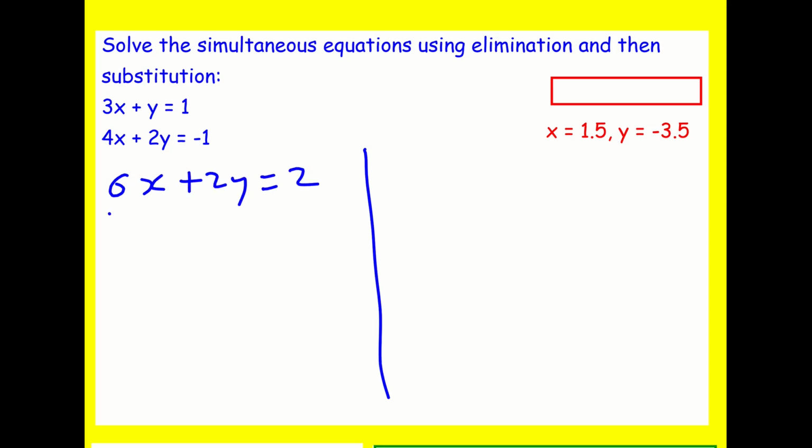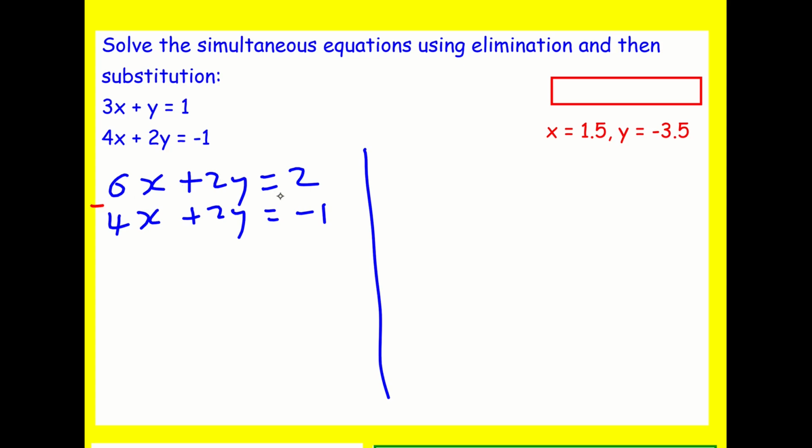Why have I done that? Because now the numbers are the same. These y numbers. By the way, you don't have to just eliminate the y's. I could have multiplied this one by 4 and this one by 3 and then subtracted them. Just have an awareness of all the different things that we can do.